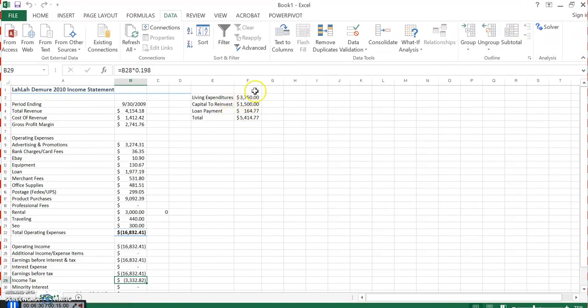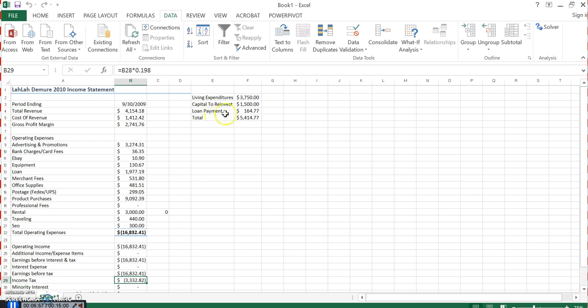This $3,750 would include rent, which I figure at maybe on average in New York City $2,000 for an apartment, as well as utilities, food, transportation, clothing, things of that nature. Maybe some capital to reinvest because you want the company to grow. So an extra $1,500 as far as profit would go a long way.